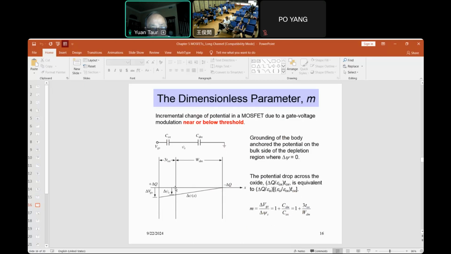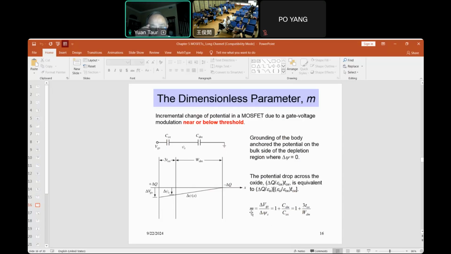That is given by this definition, delta VGS over delta psi S, or you can say delta psi S over delta VGS is 1 over M. It's the efficiency of the gate voltage to control the surface potential.